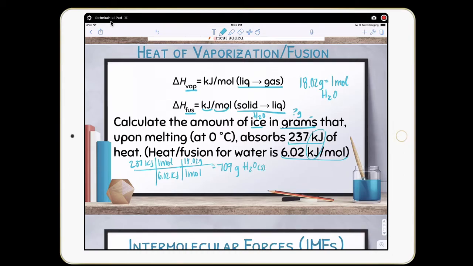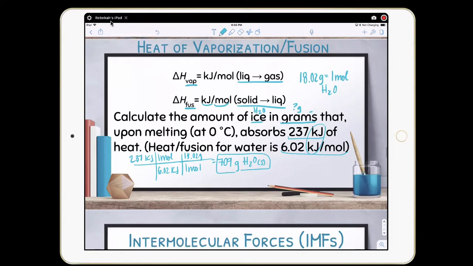You can say solid or you can say ice. That's how you use these. Anytime you see two units, remember you can use the conversion factor as a place to get where we need to go.